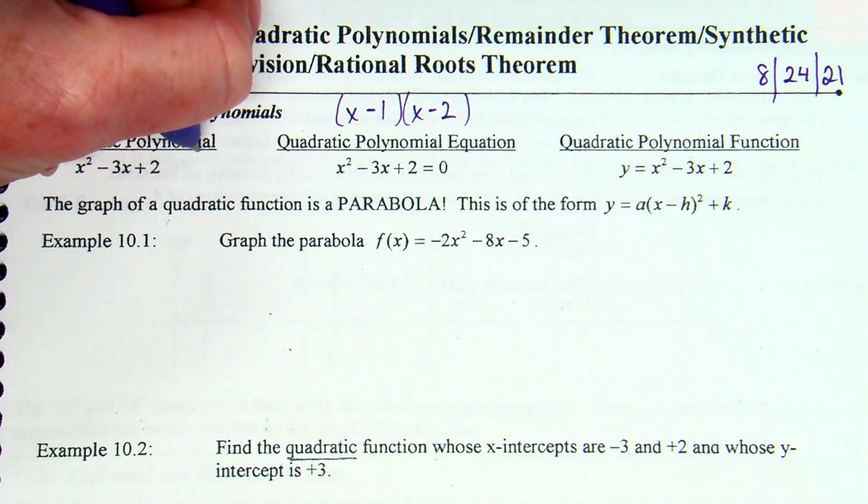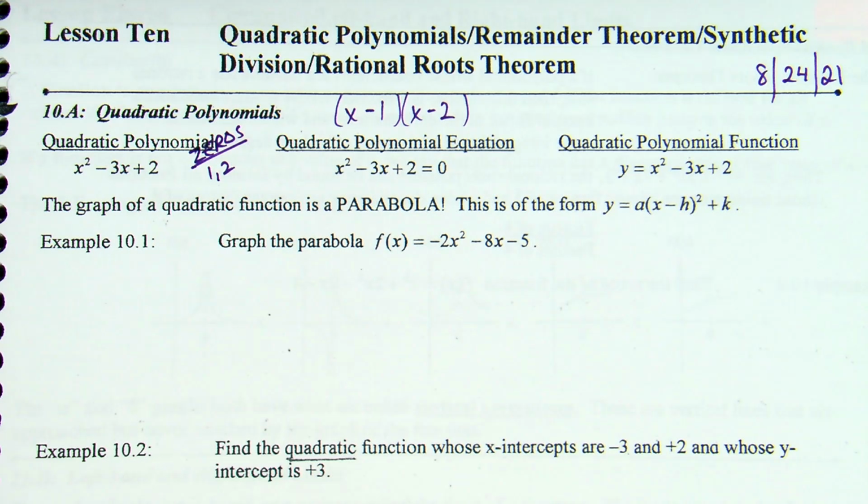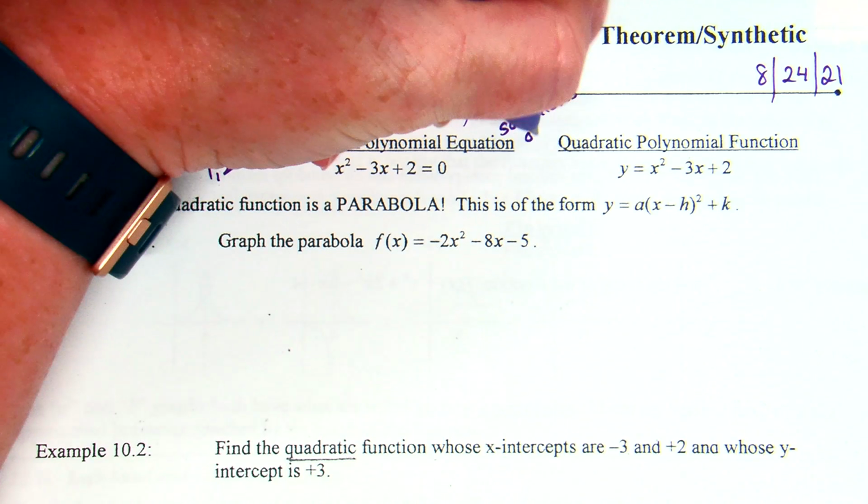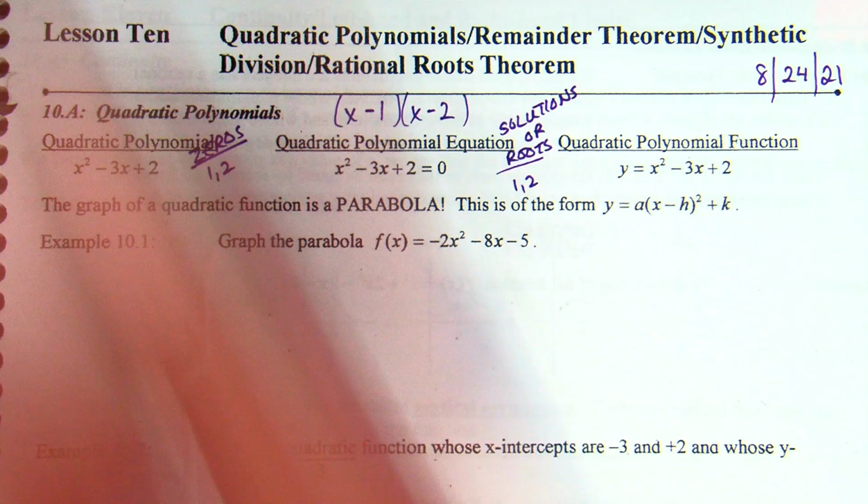And what are your zeros? 1 and 2. So over here, where by the quadratic polynomial, I'm going to call them zeros. Okay. Over here, what's an equation? I'm going to call them solutions or roots. The solutions or roots to the problem are 1 and 2. And that's when it's the equation equal to 0.